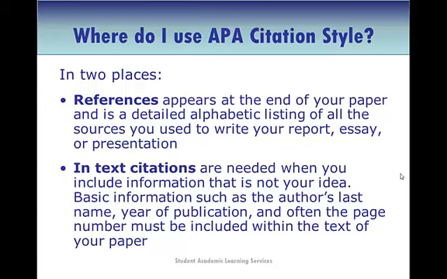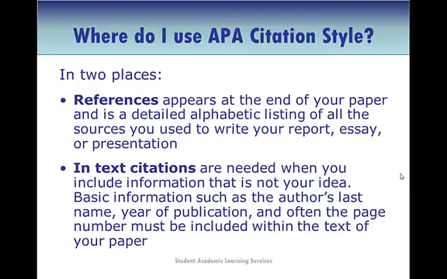The other part of APA, and it's not one or the other, it's got to be both, references and in-text citations. In-text citations appear right in your paper, and usually in parentheses, in brackets, you would have the author's last name, the year that the source was published, and also the page number if there is one.